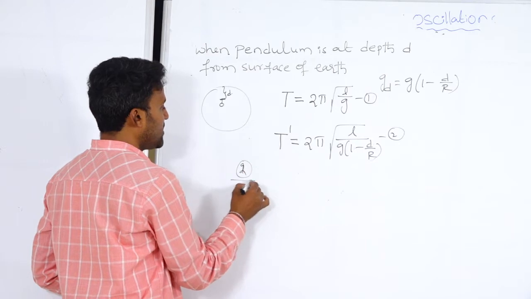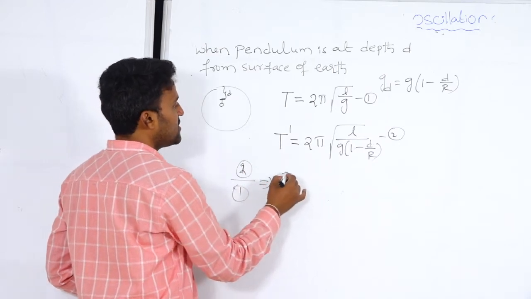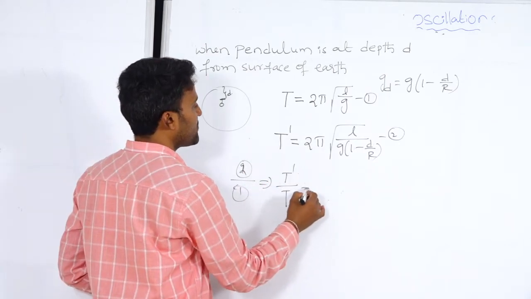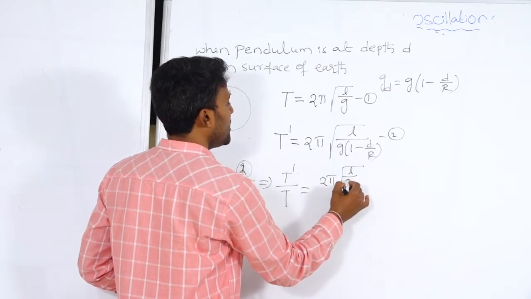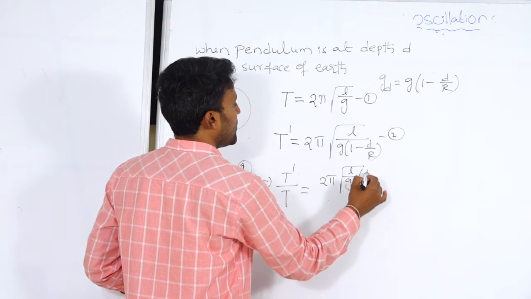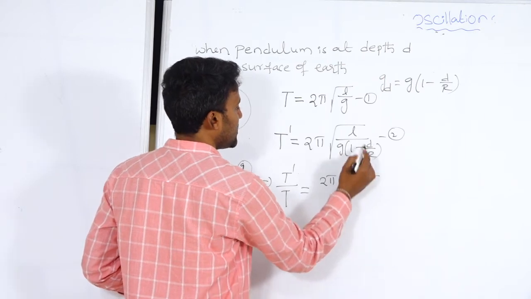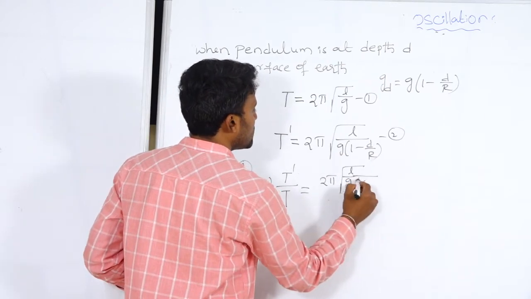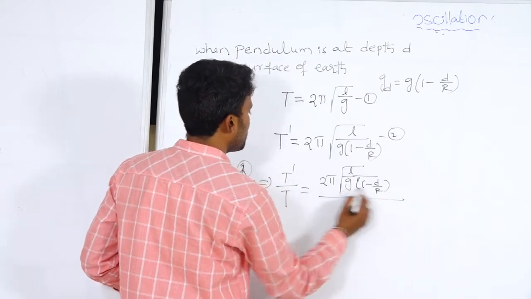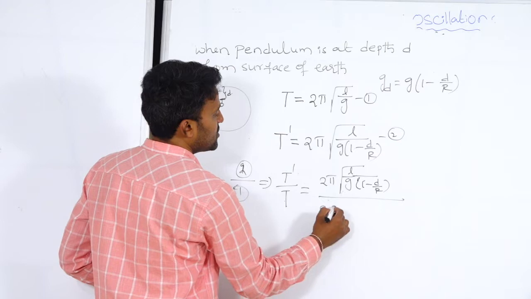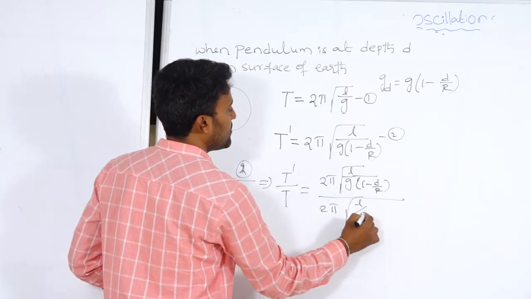Equation 2 divided by equation 1: T dash divided by T is equal to 2 pi under root of L by g into 1 divided by (1 minus d by R), divided by T, which is 2 pi under root of L by g.